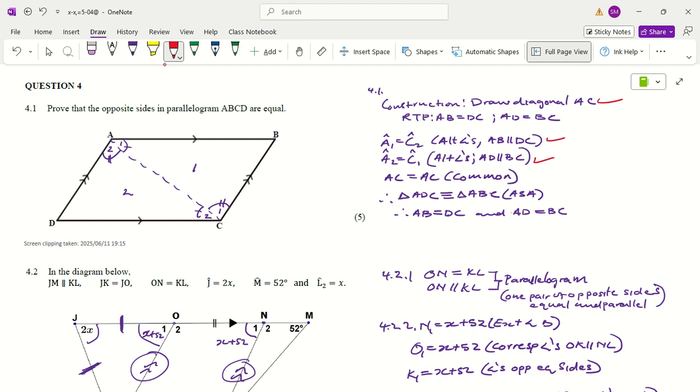You get a mark for alternating angles again. And then you get another mark for proving congruency. And then you get a mark for the common side. And then it is a total of 5 marks.